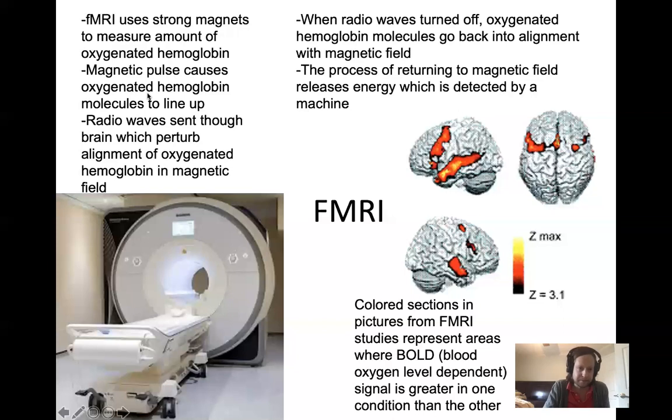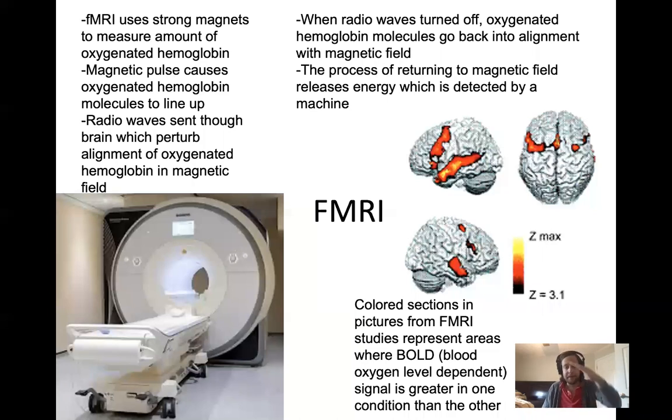But then a radio wave pulse is sent inside the tunnel, and this perturbs the alignment of the oxygenated hemoglobin. So the way to think about this is there's a line of hemoglobin molecules, and then a radio wave pulse is sent, which will move the individual members of the magnetic field.